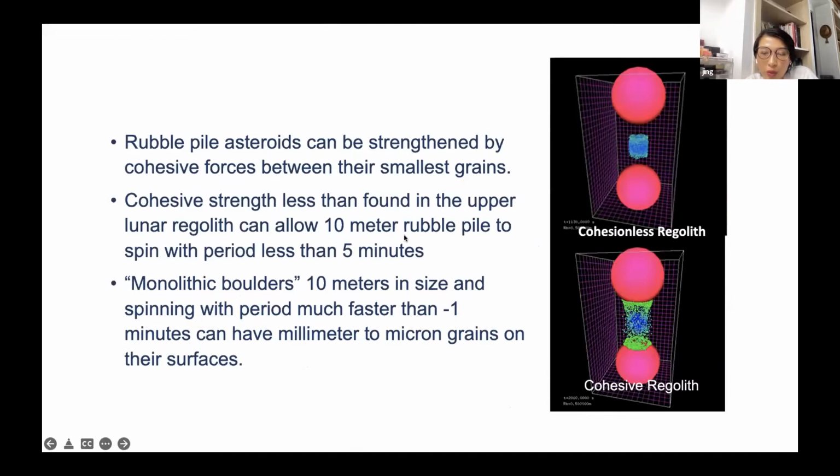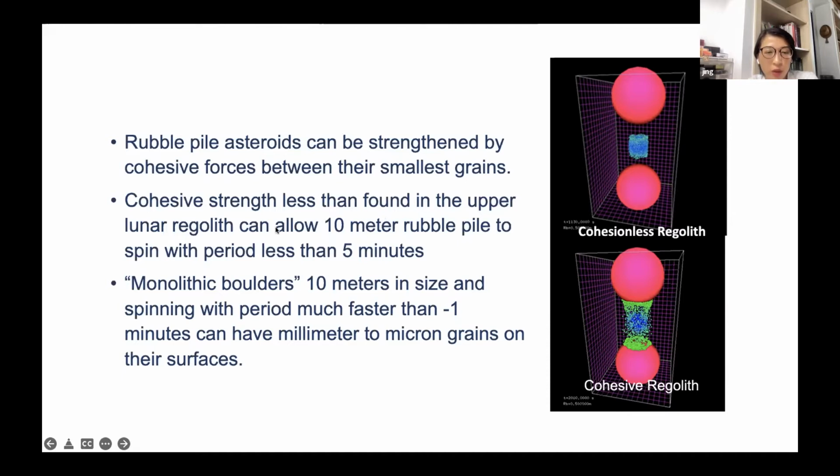The numerical modeling of cohesion in asteroid regolith indicates rubble pile asteroids can be strengthened by cohesion force between their smallest grains.